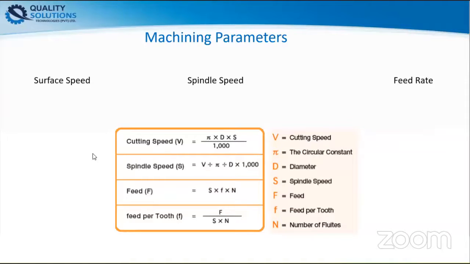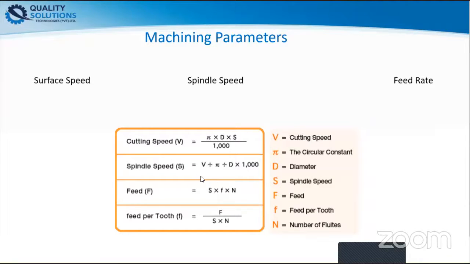Mostly the surface speed is provided by the manufacturer of the tool that we are going to use in the machining process. So the surface speed depends on the material of the tool, the size of the tool, and how it has been designed. With the help of this surface speed, we find out the spindle speed in RPM, to what speed the cutter must rotate.